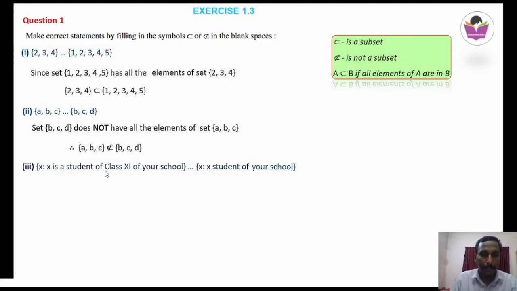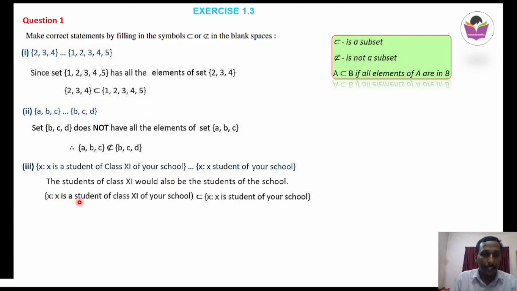So surely this is a part of this one. One student from class 11 is a part of the students of the entire school. So surely the students of class 11 would also be students of the school. This is an element of this set. So the first set is a subset of the second set.